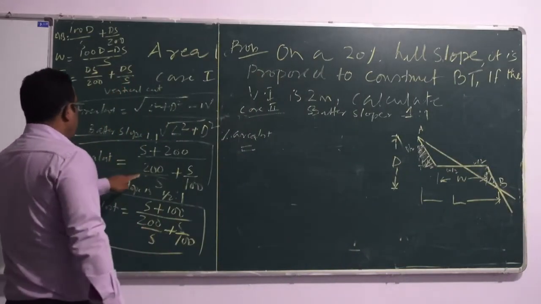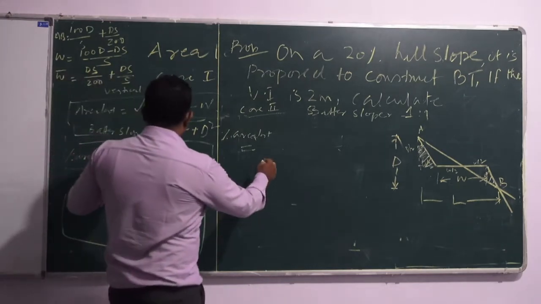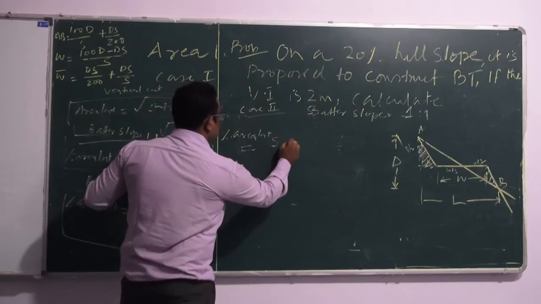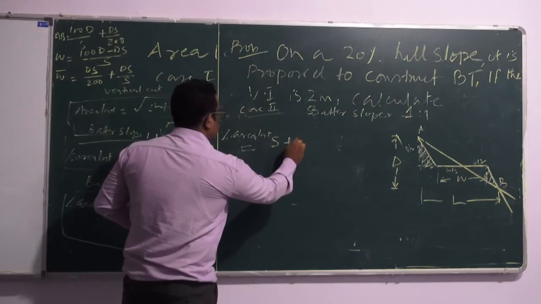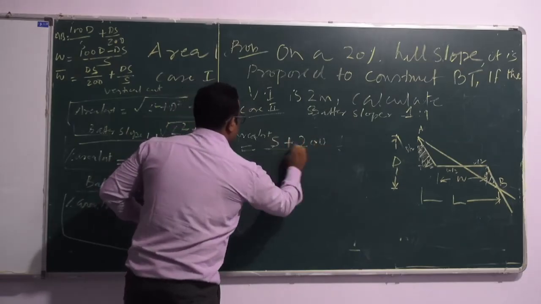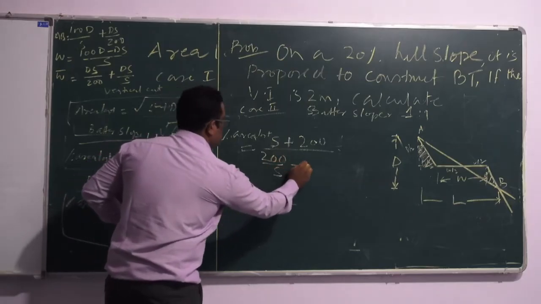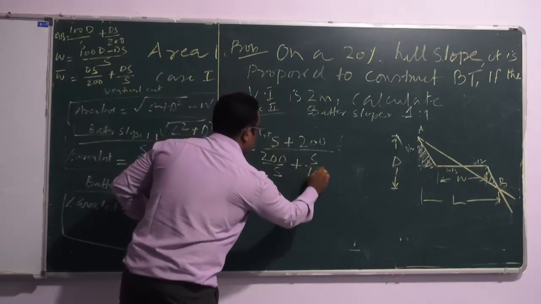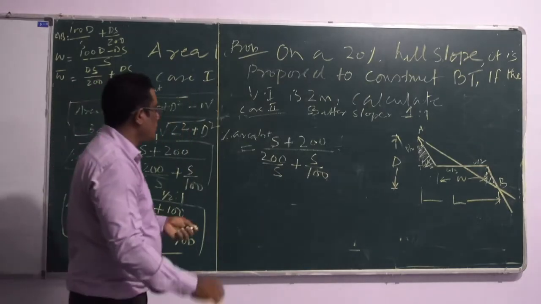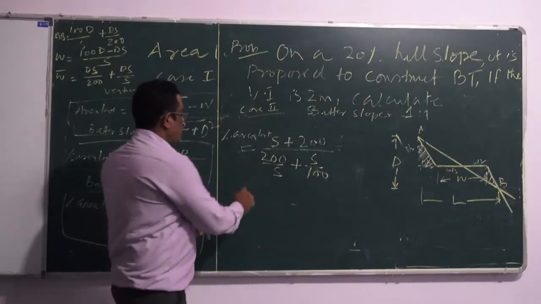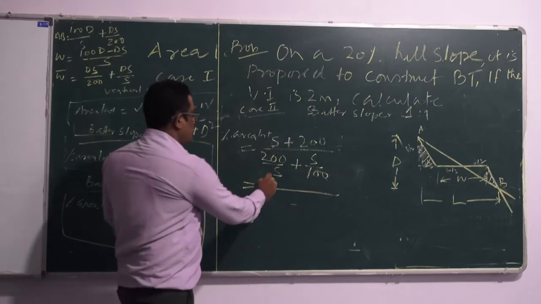That is S by S plus 200 by 200 by S plus S by 100. Right. What is S here? S is 20.